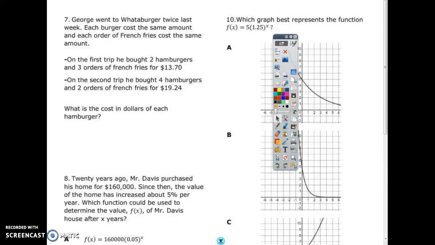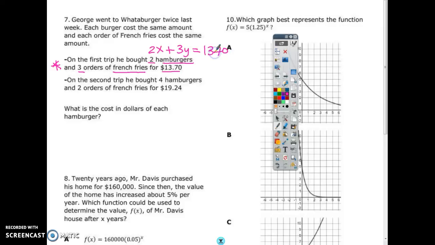Okay, now we're going to do problem number 7 on page number 2. It says, we're talking about Whataburger and we're talking about French fries and hamburgers. And we have 2 equations. So the first equation says that they have 2 hamburgers, so we'll say 2x plus 3 French fries, so that's 3y, equals a total of 1370.